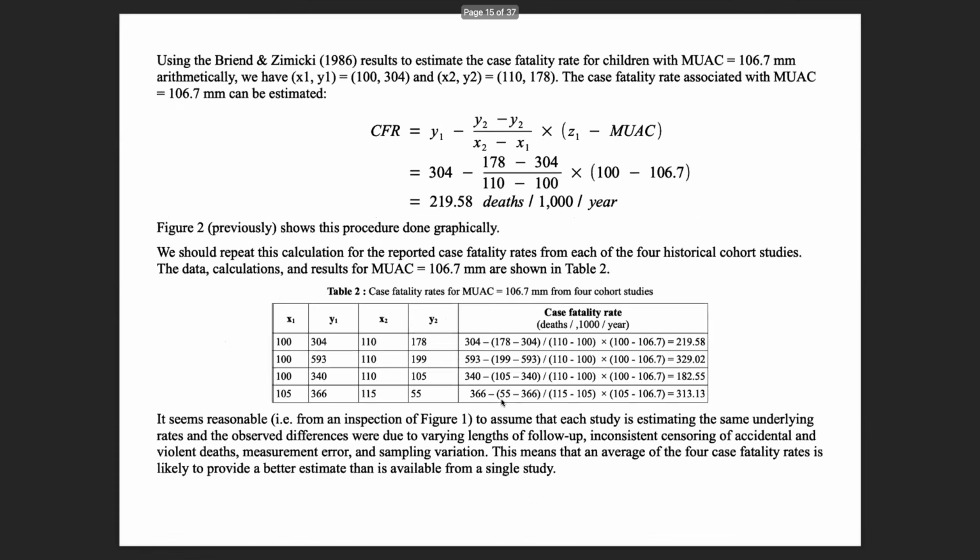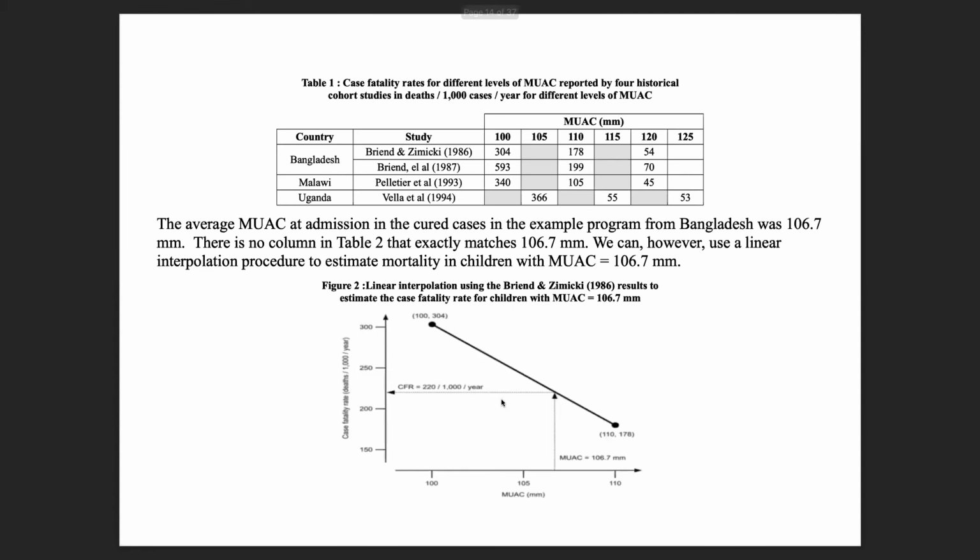We can do that arithmetically, and the calculation gives us 219.58, so about 220 deaths per 1,000 per year. This arithmetic method is doing the same thing as the graphical method.